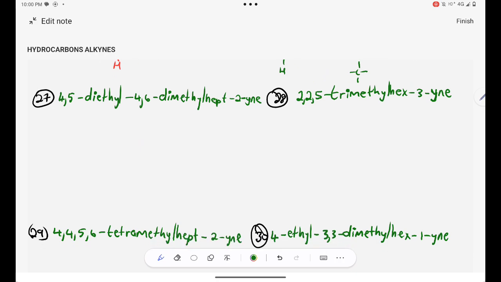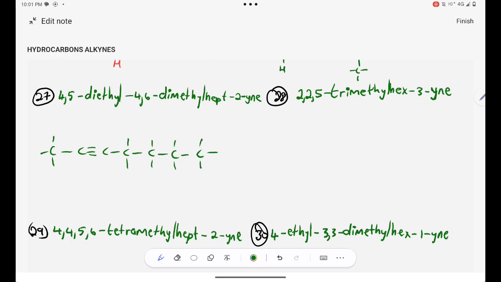Okay, and then for number 27, the parent chain has 7 carbons. So that's 1, 2, 3, 4, 5, 6, and 7. And then I have my triple bond over there. And then at carbon number 4, I have my ethyl, 1, 2, 3, 4, as well as carbon number 5.